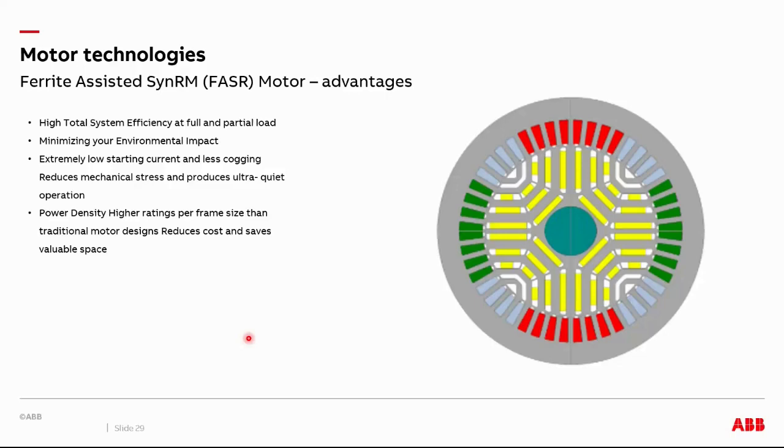And we saw a little bit on the power density of the higher ratings per frame size. So we can put a smaller motor in a traditional footprint, which reduces cost and saves valuable space. So as you can see, the advantages far outweigh the disadvantages.